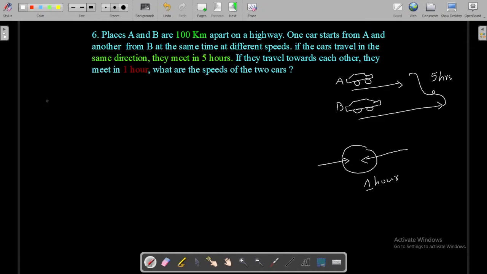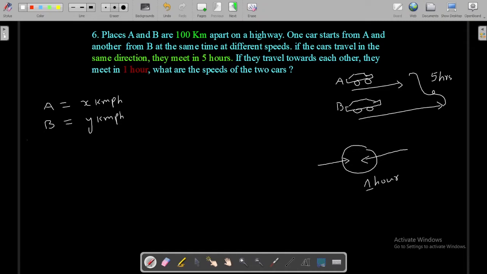So let us take the car starting from A as x kilometer per hour. Another car which is starting from place B, let it be y kilometer per hour.